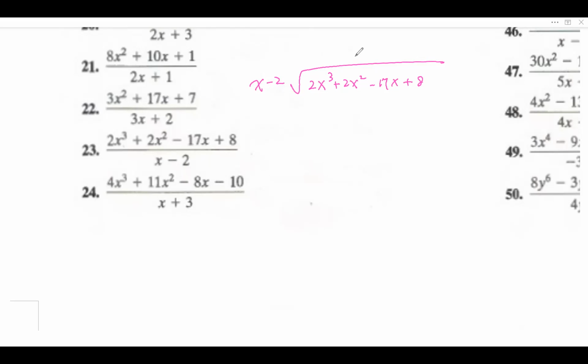So firstly, we need to find a term times this one that exactly matches this one. What term is it? 2x squared, right? 2x squared times this one can exactly match this one. So 2x squared, right? So distribute inside.